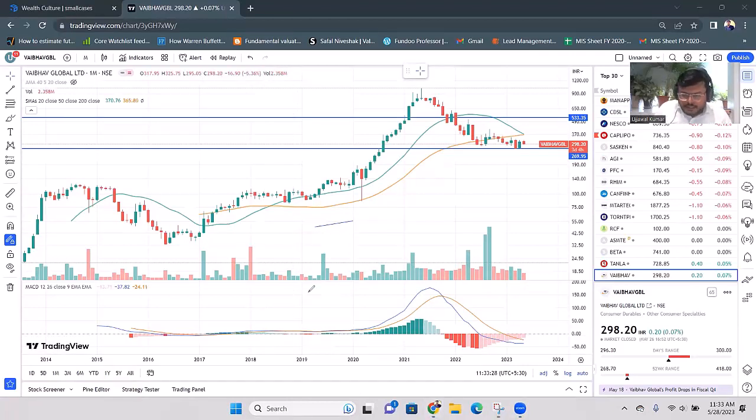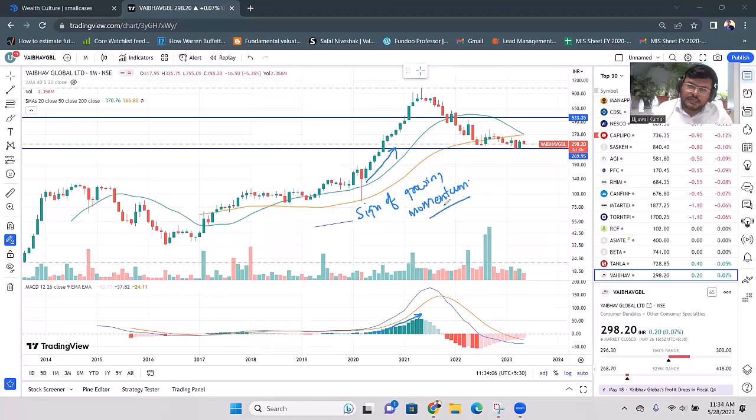As I said, if your histogram bars are getting bigger and bigger, mark my words, if the histograms are becoming bigger and bigger, and it's in an upward slope, so the slope is upwards, it means that the stock is in uptrend, which is a sign of growing momentum. So the momentum is increasing.